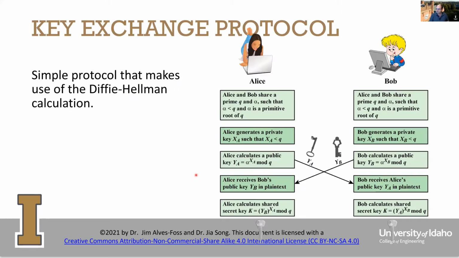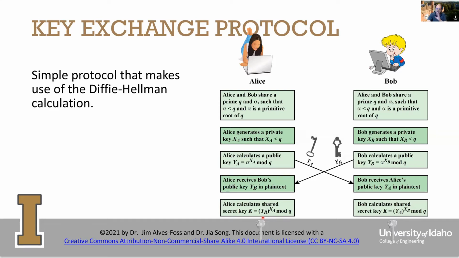So Alice picks a random number, takes that 2 in that group 14 she's using, raises it to this random number, modulo that really, really big prime, and we have a computer do the calculation, creates the value she wants to send to Bob. Bob goes the other way.